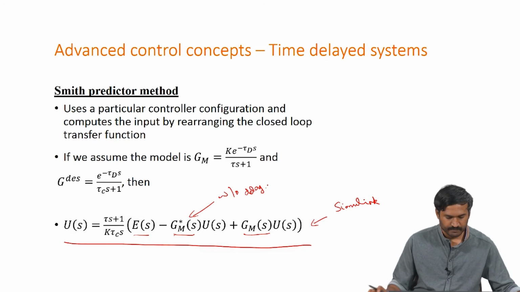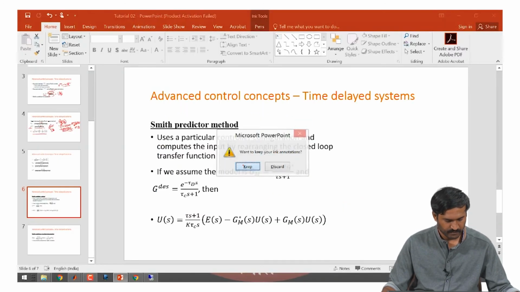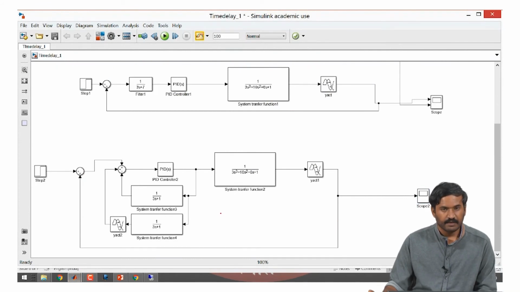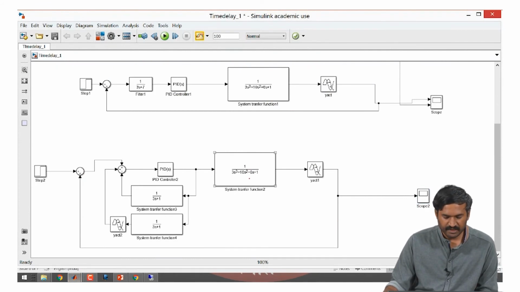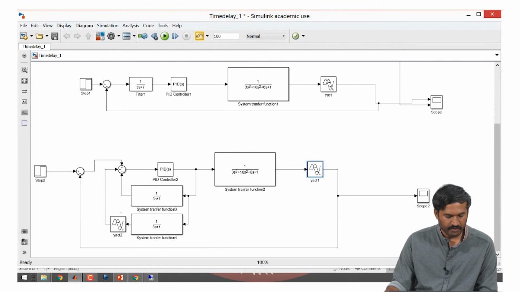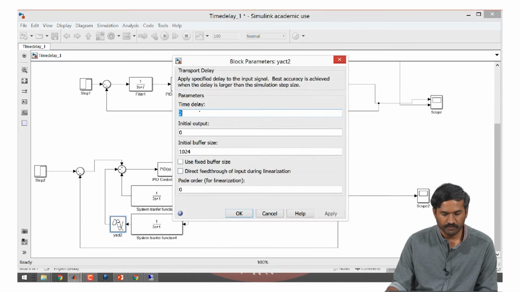So here you can see the original system transfer function is 3s cube plus 10s square plus 6s plus 1. I have assumed the model to be 1 by 3s plus 1, and the delays I have configured as 2 seconds here and 2 seconds here also.